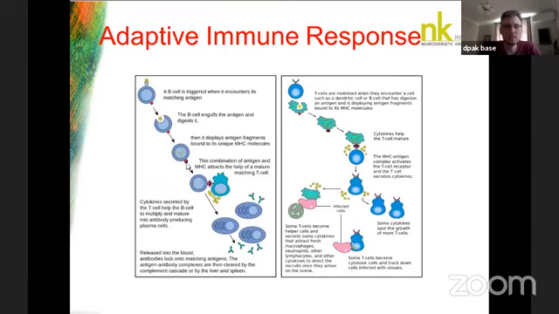The MHC with a little bit of the pathogen can then find a T helper cell that will recognize it as well.